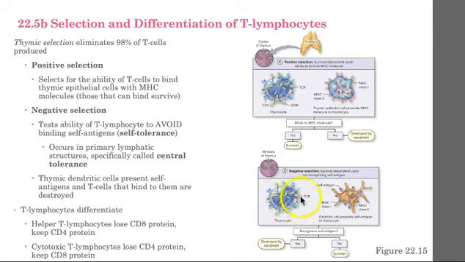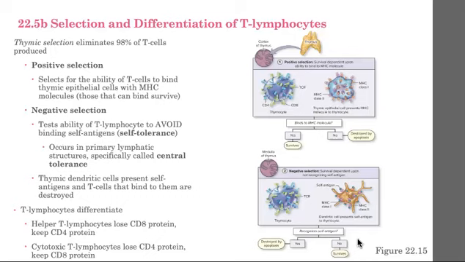And if the thymocyte is going to recognize the self-antigen, then we are going to destroy it through apoptosis because we don't want these immune cells to bind and then attack it. Whereas if they don't recognize it, then we will allow that thymocyte to survive. And so this process really helps us gain self-tolerance, meaning we are able to tolerate our self-antigens.